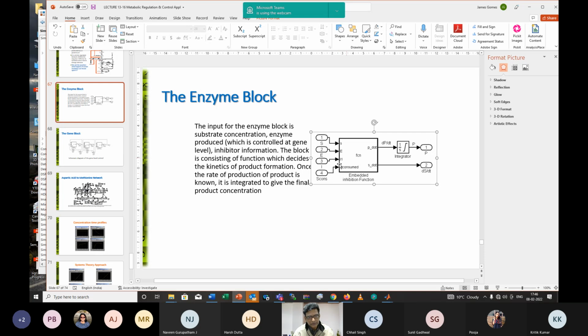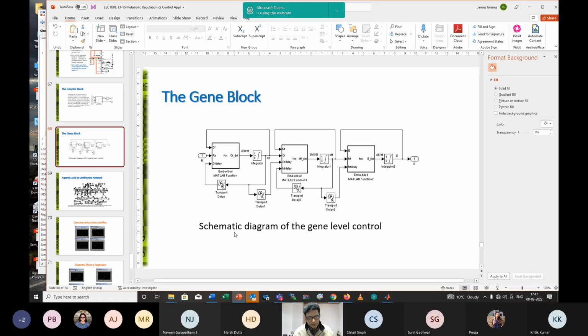Let me tell you that this enzyme block has other components inside it. For example, you're looking at delays that are occurring across transport across the membrane, delays because of the synthesis that is taking place here, and also delays that would occur because of actual synthesis that's taking place.